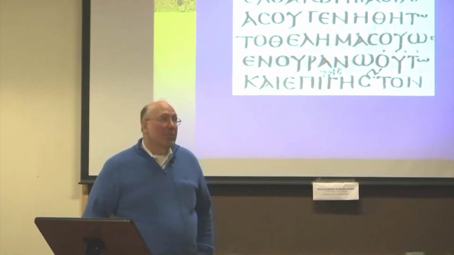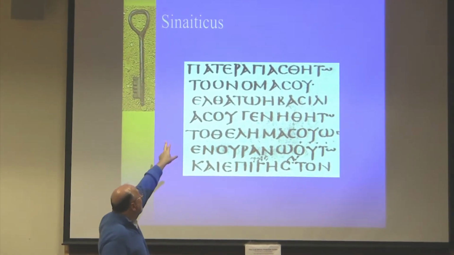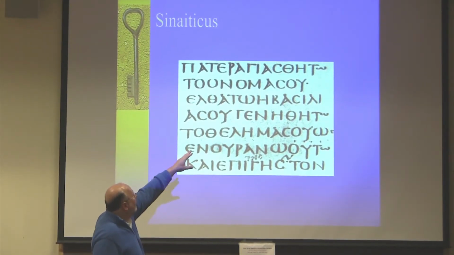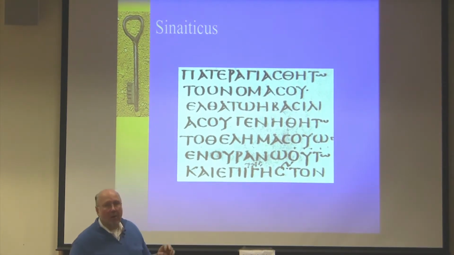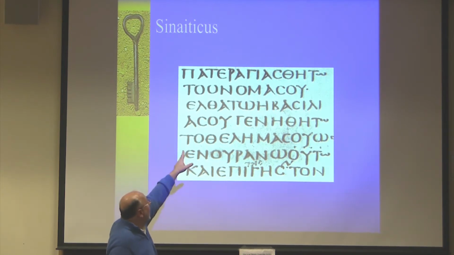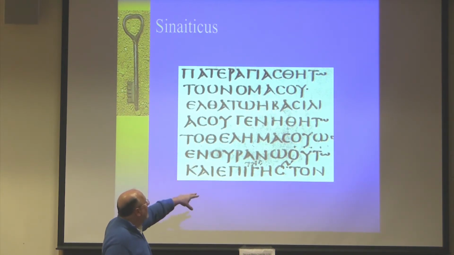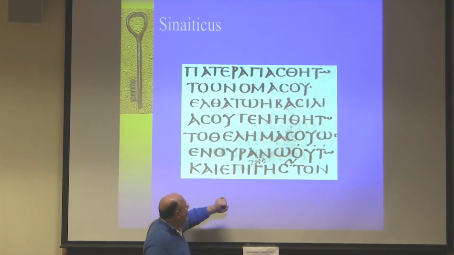Here's a blow-up of Sinaiticus, and this starts off Pater, and then hagiastheto, and this is part of the Lord's Prayer. Pater hemon ho en tois ouranois. And then it's just part of the Lord's Prayer. So you can see how all the words are run together and how they're all capital letters.